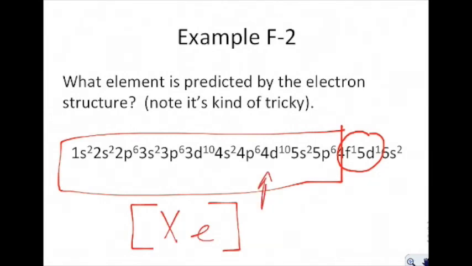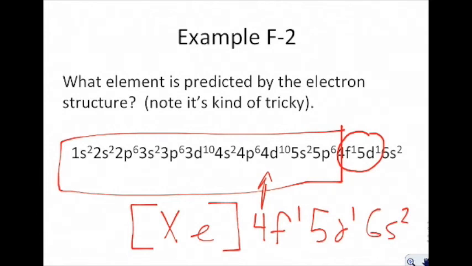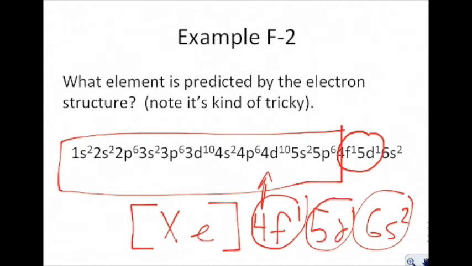Then the last thing you have is this 4f1, 5d1, 6s2. So what that means is you have to add one electron from the d orbital, then add one from the f orbital and the 2 from the 6s2 orbital. So at this point, it looks like this element would be not thorium, but selenium.